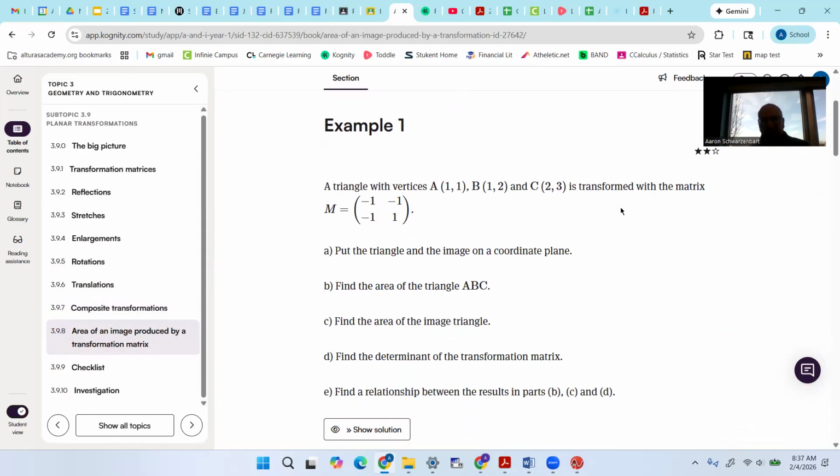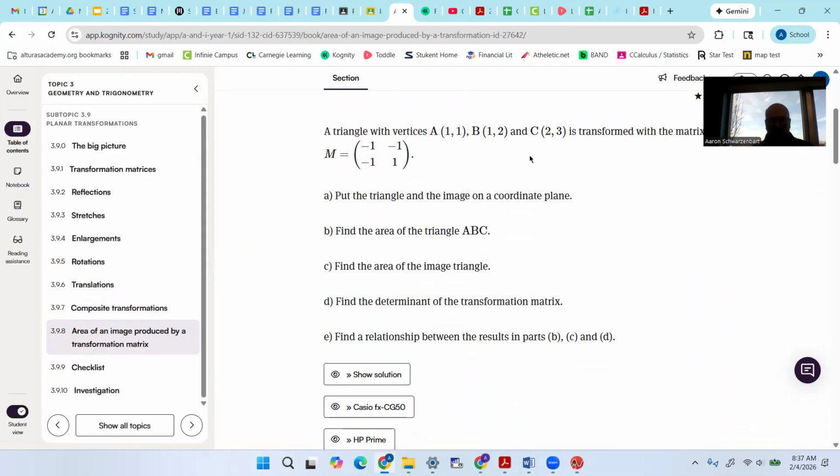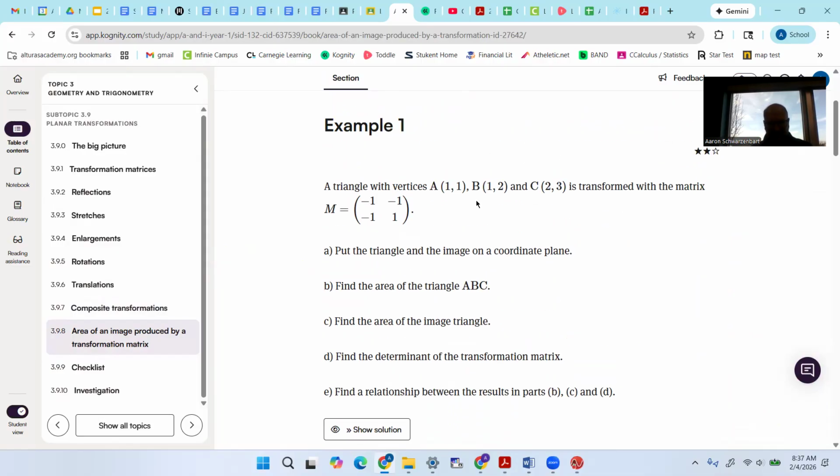Okay, so a triangle here is transformed by this matrix. Put the triangle image into the coordinate plane. Find the area of the triangle. The points are (1, 1), (1, 2), and (2, 3).